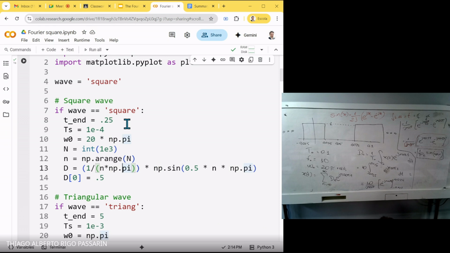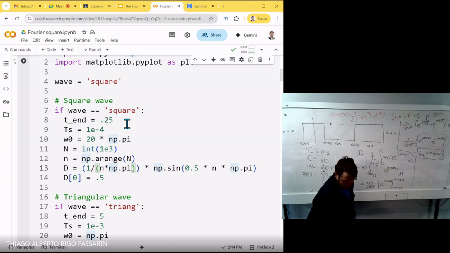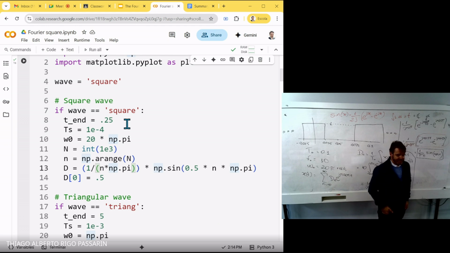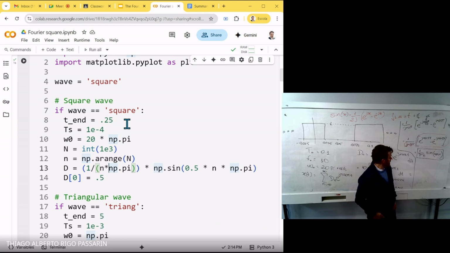For n equal to 0, this would give us 0 divided by 0, and 0 divided by 0 is an indeterminate form. But it's an indeterminate form with a well-behaved limit.